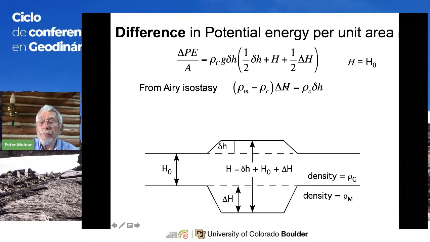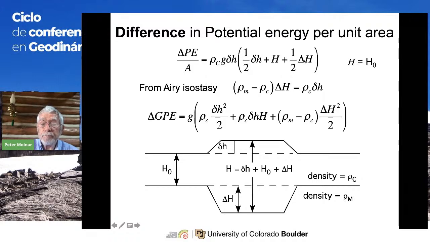If we put this formula into this equation, we can get this, where basically we've multiplied through by delta H squared over 2. We've multiplied by delta H in here to get this term, rho c g delta H, big H. But then we've substituted for delta H here with this into this term and into this expression. And so we wind up with this big delta H squared.